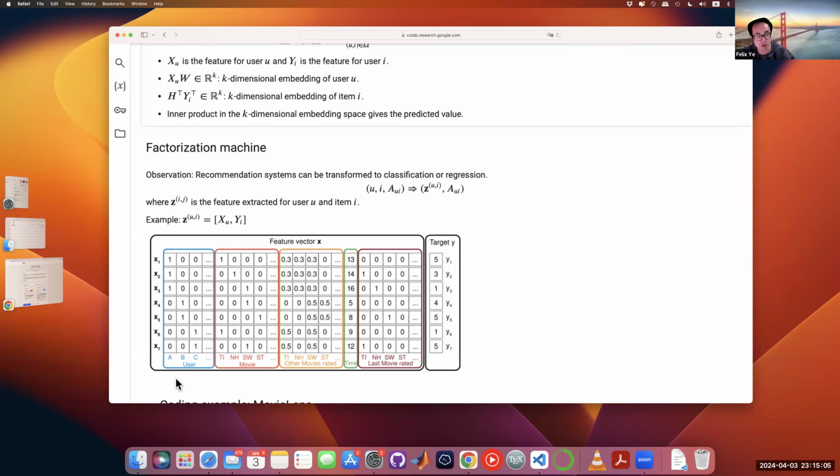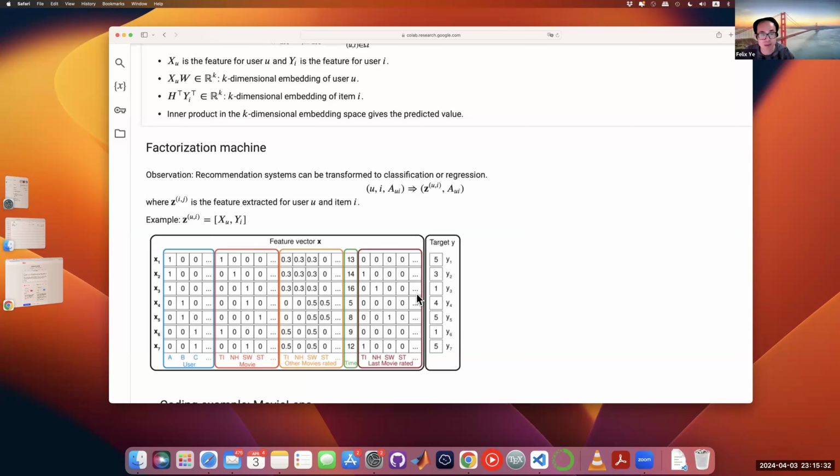Once you have new data coming in, for example, the same user but different movies they haven't watched, with all the features for the user and the movies, you can use this trained regression model to make a prediction for the target for that particular combination of user and movie.